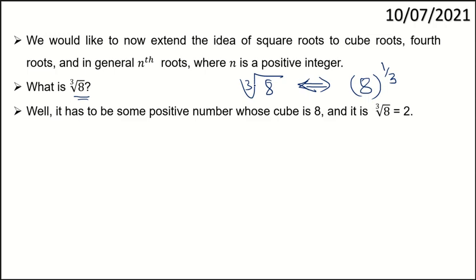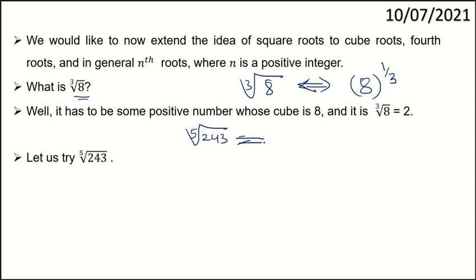Converting from exponential form into radical form, I have shown it. Then let us try fifth root of 243. What is the value of fifth root of 243? Convert it into exponential form.